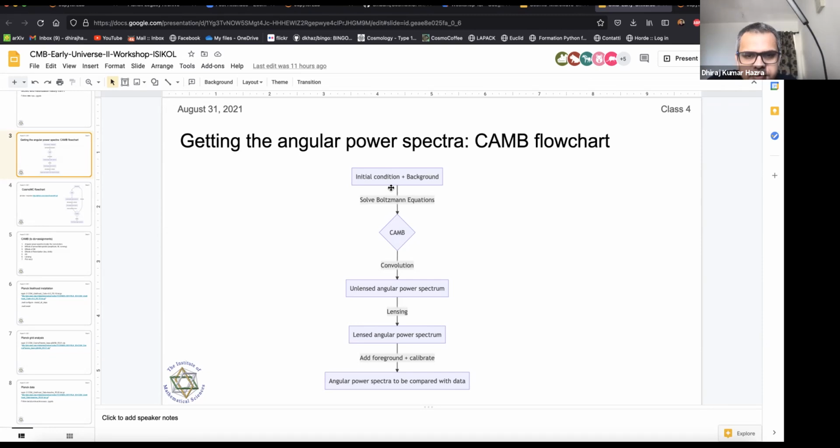Now, what you need to give to CAMB is the background parameters. For example, omega baryon h squared, omega CDM h squared, and then H naught and tau. These are the background parameters, let's say. You may have the question: why am I not using just omega matter h squared? Omega baryon h squared and omega cold dark matter h squared give you omega matter h squared, right?